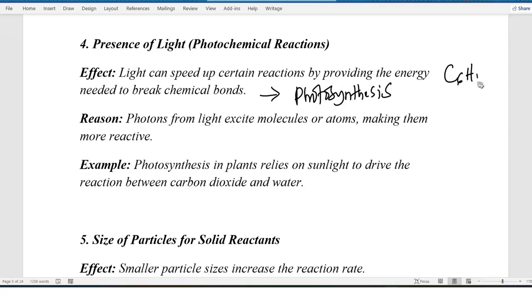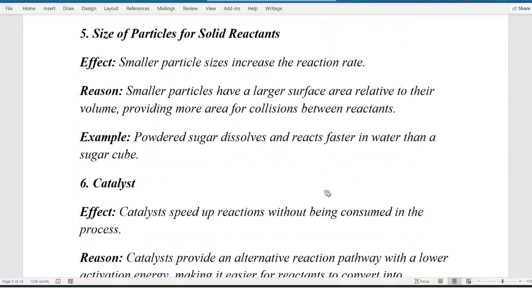Of course, you first form starch, but what is important is that glucose is formed. So photons from light excite molecules or atoms, making them more reactive. So photosynthesis in plants relies on sunlight to drive the reaction between carbon dioxide and water.